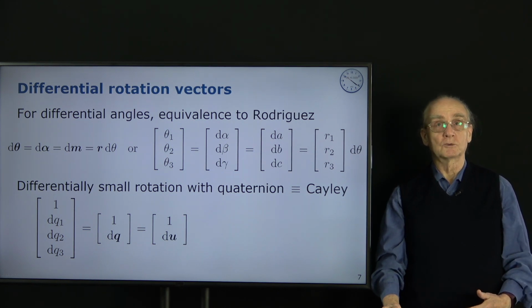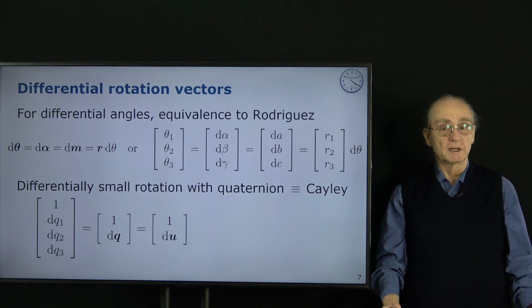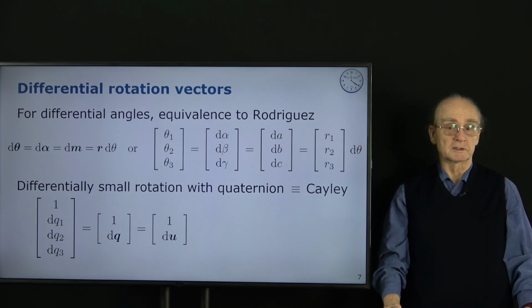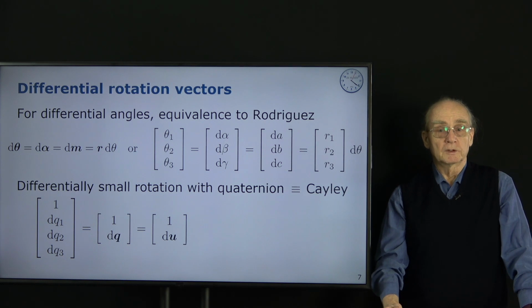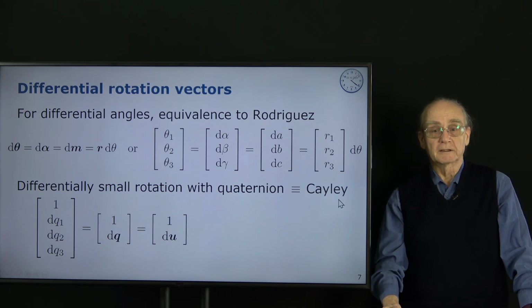That means if we do some estimation or representation of uncertain rotation matrices, we can use one of these interpretations of this small 3-vector. The only thing is that this is different by a factor 2 for the Cayley representation, where we know we have here a small quaternion, that means a rotation represented by a quaternion with small elements in the vector part.